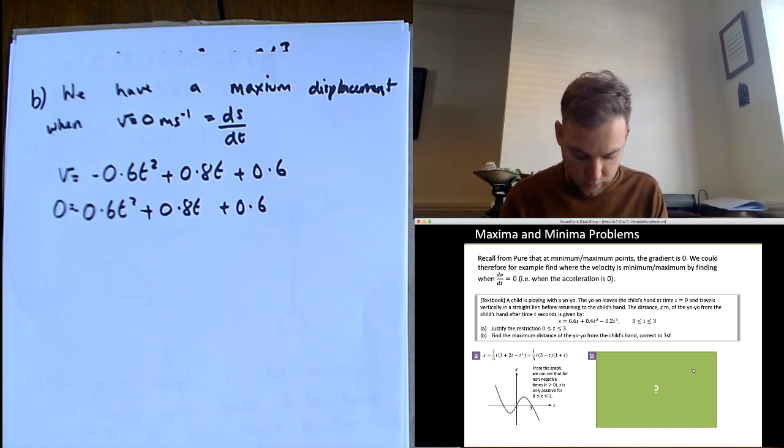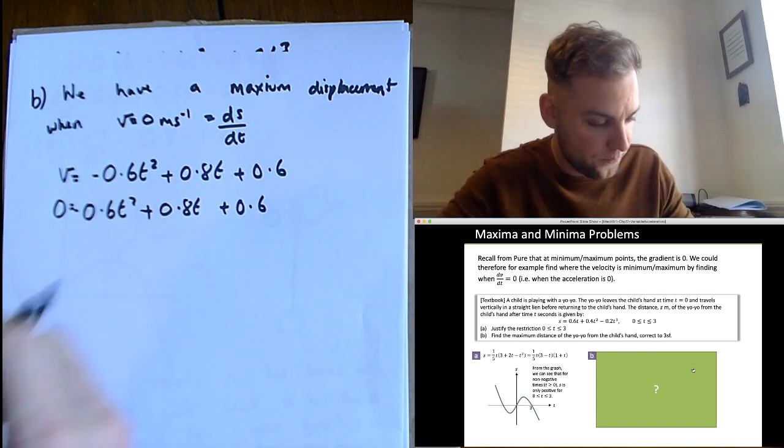Polynomial 2. Minus 0.6, positive 0.8, and 0.6 there. Sub that in.